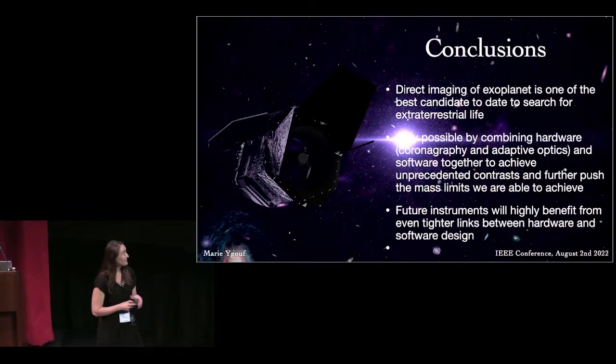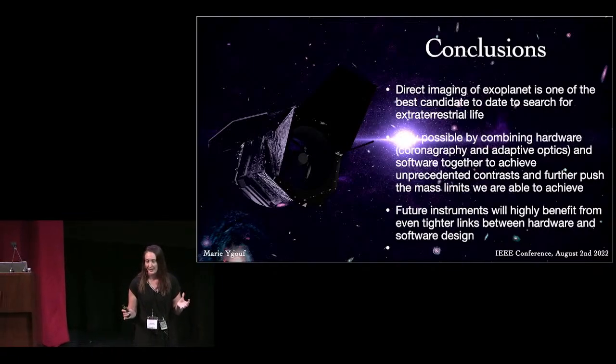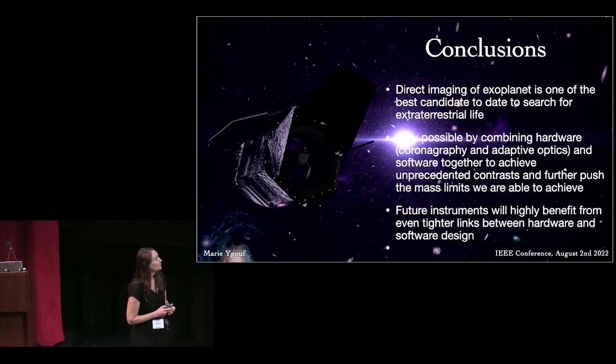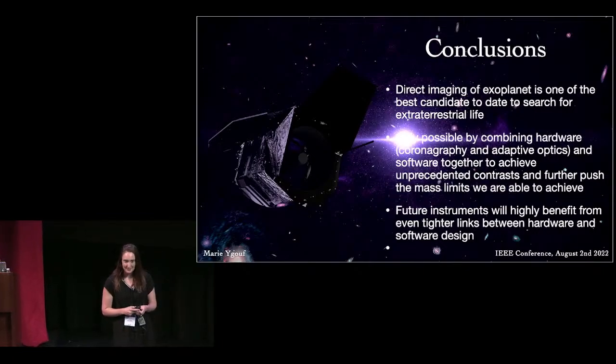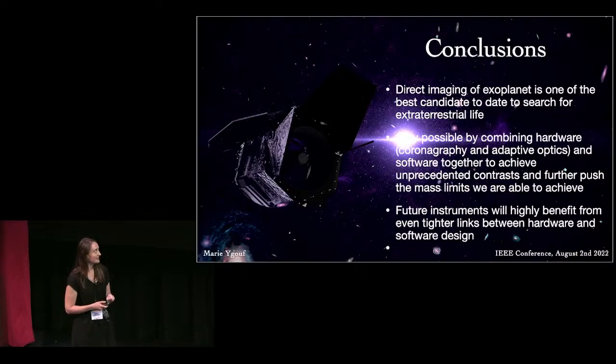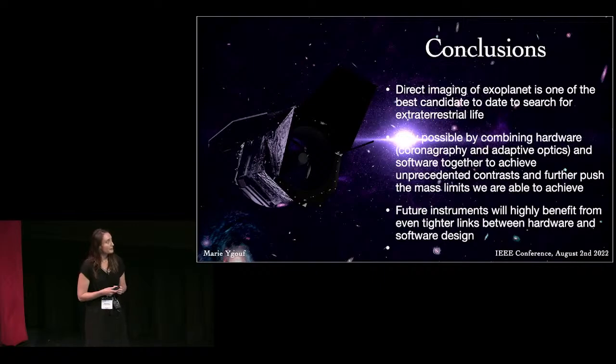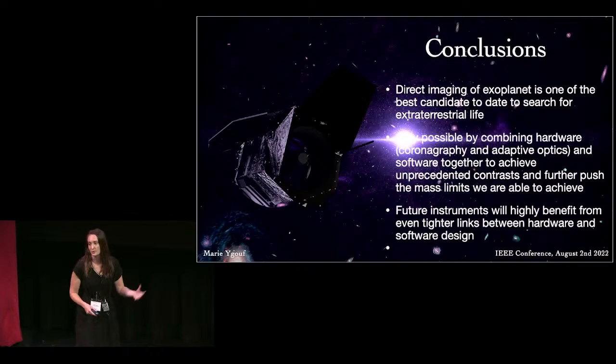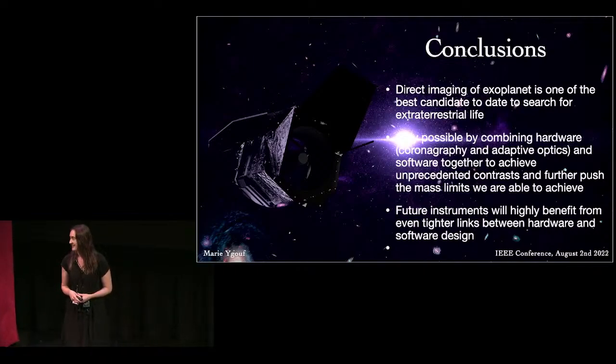It's only possible by combining both hardware and software, and I know that you understand that concept pretty well here, in order to further push the contrast and get unprecedented contrast. Finally, I really think future high contrast imaging instruments will highly benefit from applying those kinds of model-based techniques, to also help inform the hardware design. That's it.